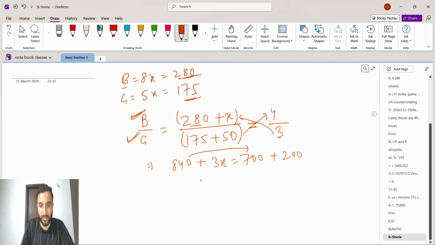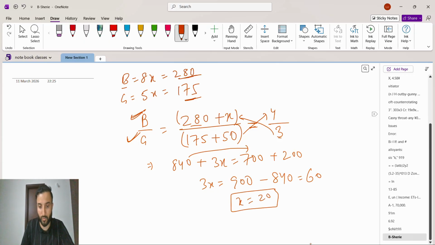All the things we will send to that side. 3x equals 700 plus 200, that is 900, minus 840. 900 minus 840 is 60. So 3x equals 60. x equals 60/3, that is 20. x equals 20.